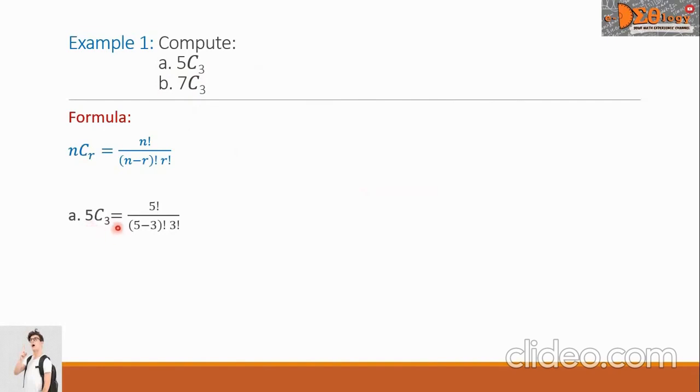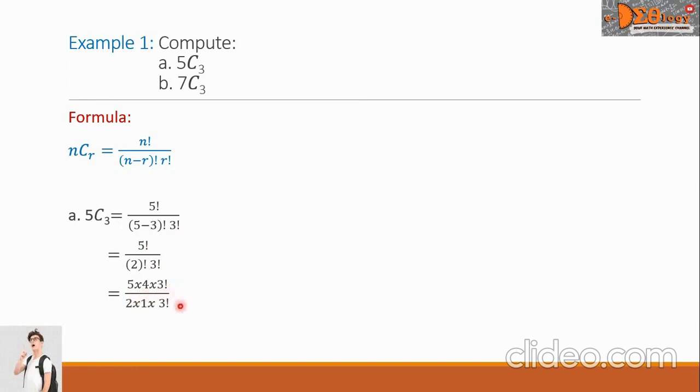5C3 equals, using our formula, 5 factorial over the denominator 5 minus 3, then factorial, times 3 factorial. First, let us simplify the expression in the grouping symbol. The 5 minus 3 becomes 2. And then let us simplify the factorials. In the numerator, we have 5 times 4 times 3 factorial.